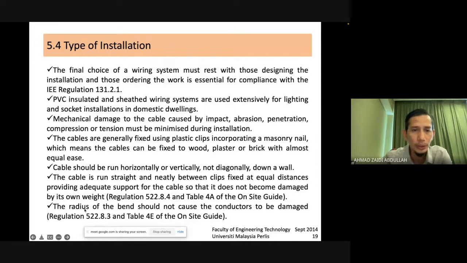And then the radius of the bend should not cause the conductor to be damaged. Okay, so bending cable, you need to make sure lah, normally 45, and kalau let's say you bend up to 90 degree, so the conductor of the cable is not good anymore lah.